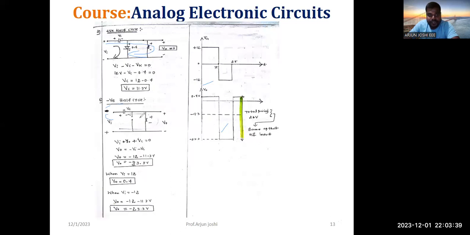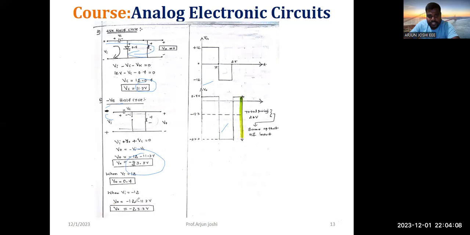During the negative half cycle, our diode will act as an open switch. Apply the KVL, minus to plus: Vi plus V naught plus VC is equal to 0. We know V naught is equal to minus Vi minus VC. Substitute here: minus 12 minus 11.3, total minus 23.3. This is how we need to solve the problem. Whenever Vi is equal to 12, during the positive half cycle, output is 0.7.